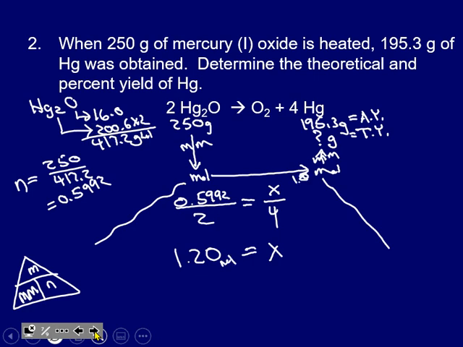1.20 moles. I need Hg by itself. That's 200.6. Mass is equal to molar mass times moles. 200.6 times 1.20. Have you got that number?